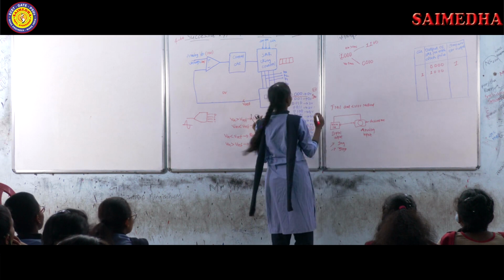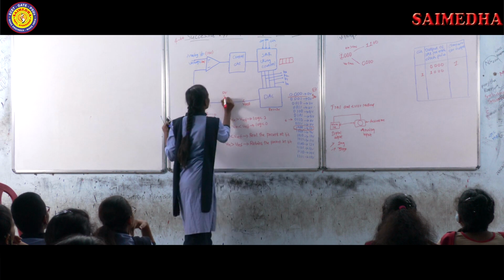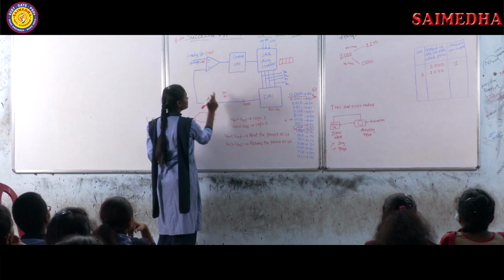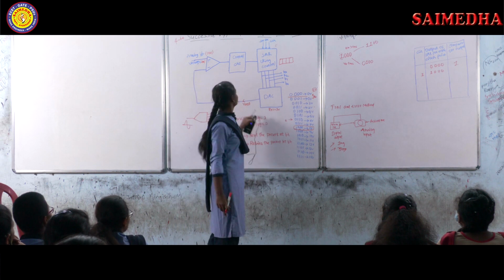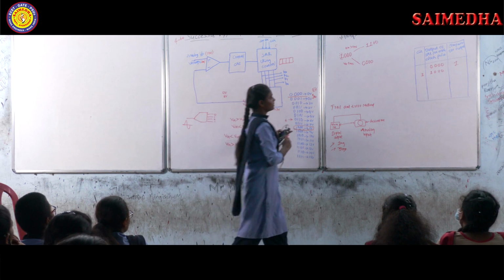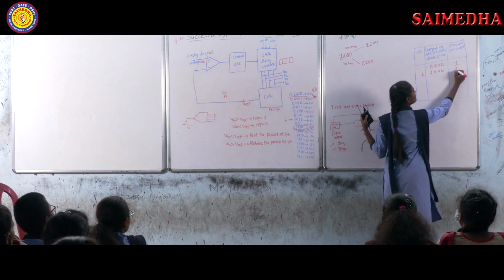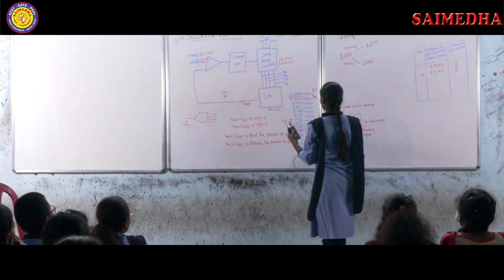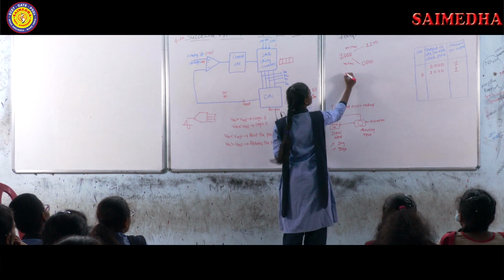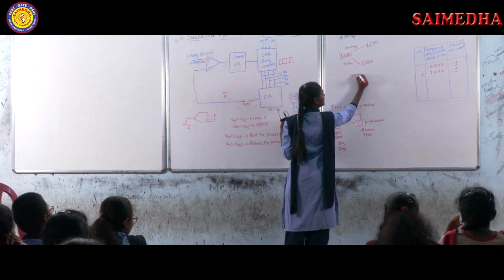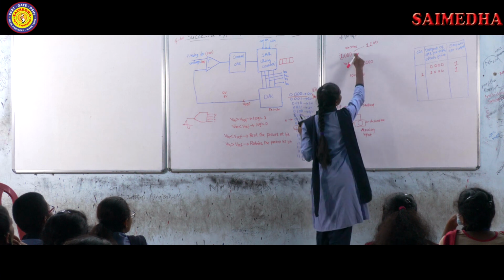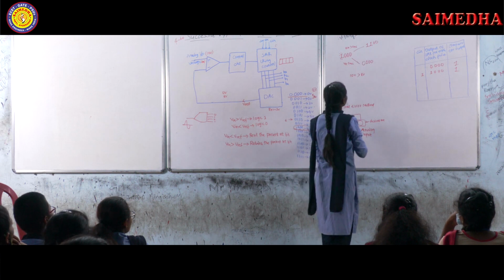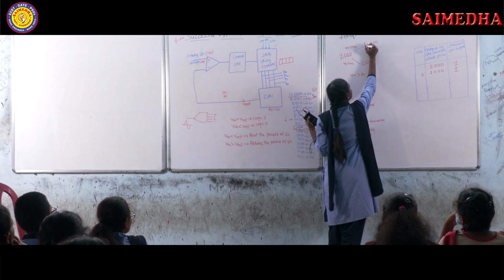Here 10 volts is greater than 8 volts. Our satisfied condition is Vin greater than V reference, so we retain the bit and get 1100.